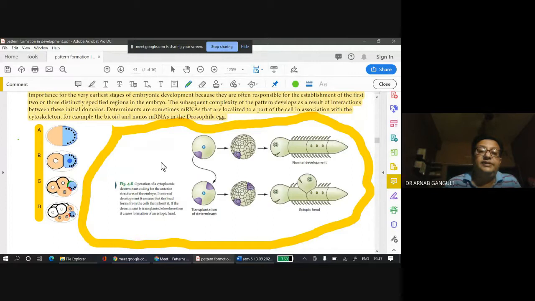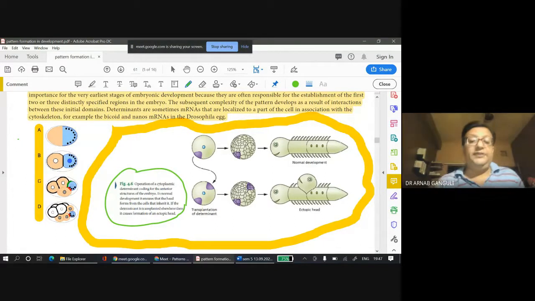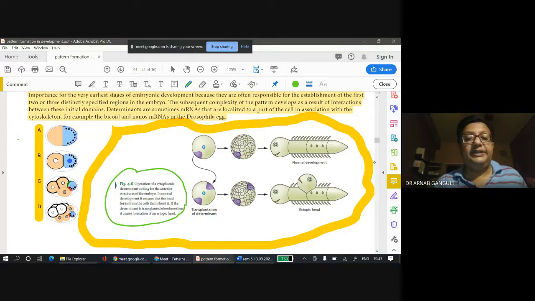So this is the operation of a cytoplasmic determinant coding for the anterior structure of the embryo. In normal development, it ensures that the head forms from the cells that inherit it.